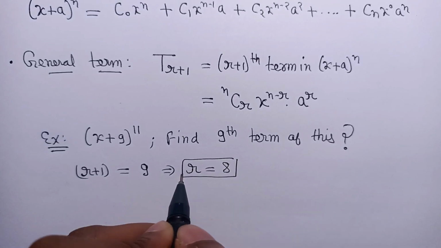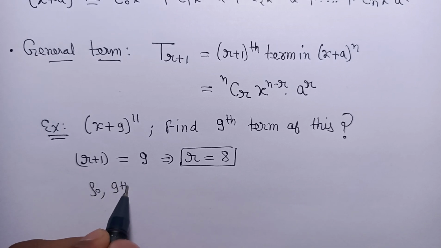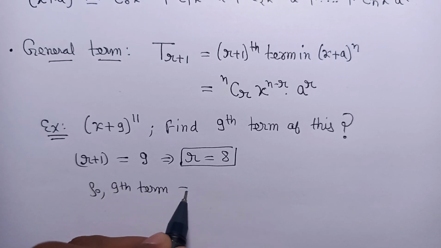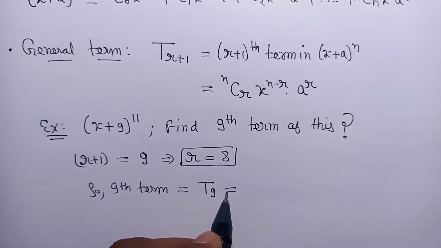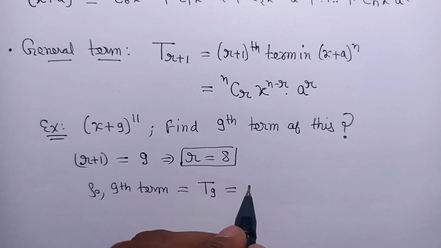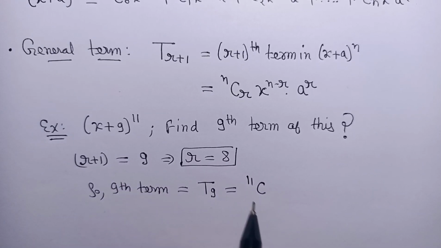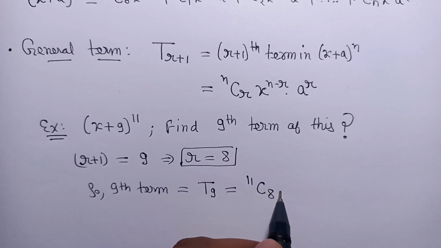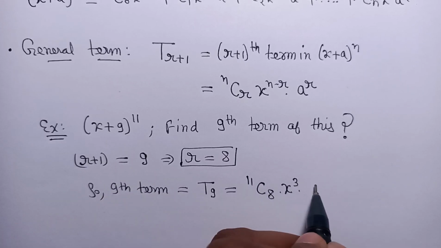So the ninth term according to this general formula will be T9 equals nCr. N value is 11, so you should write 11C r. R value is 8. The first term is x only, x power difference is 11 minus 8 which is 3, and the second term is 9, whose power will be the r value.